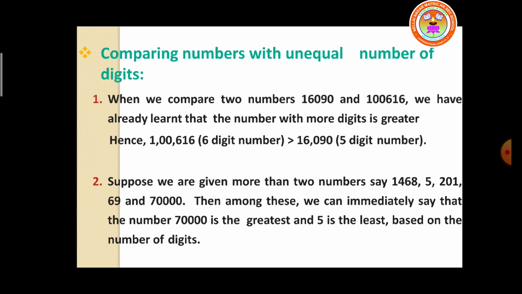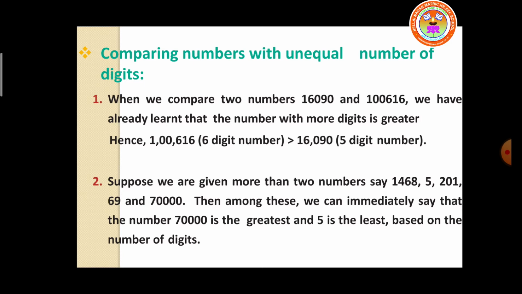Hence, 1,616 is greater than 16,090 because 1,616 is a 6-digit number. So it is greater than 16,090, which is a 5-digit number. These two numbers have an unequal number of digits.